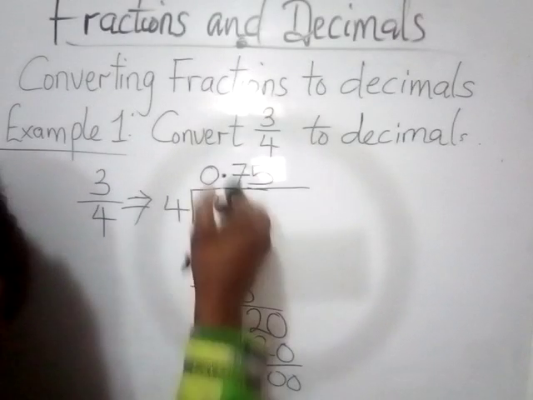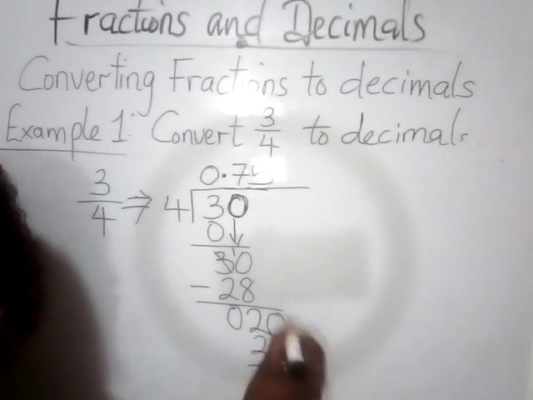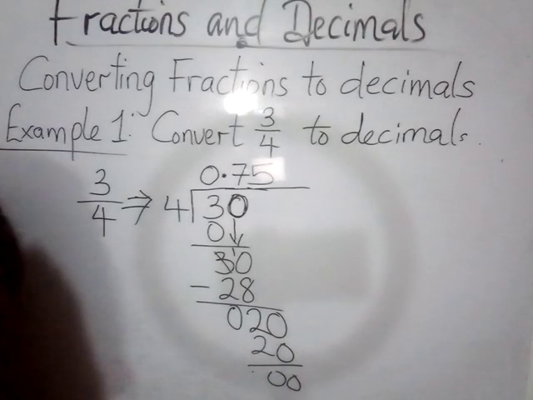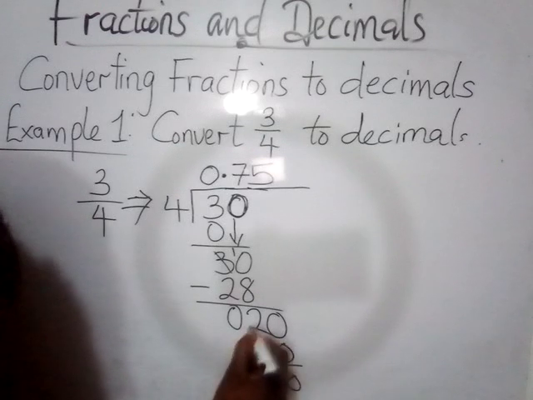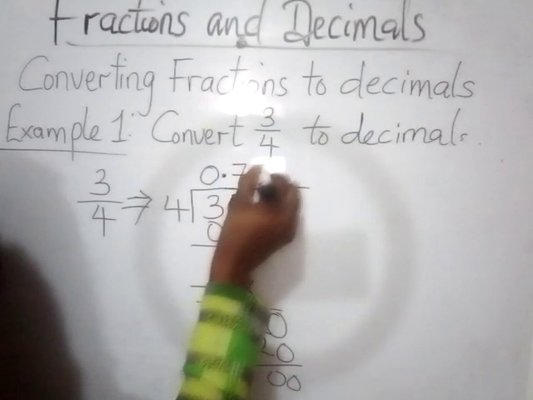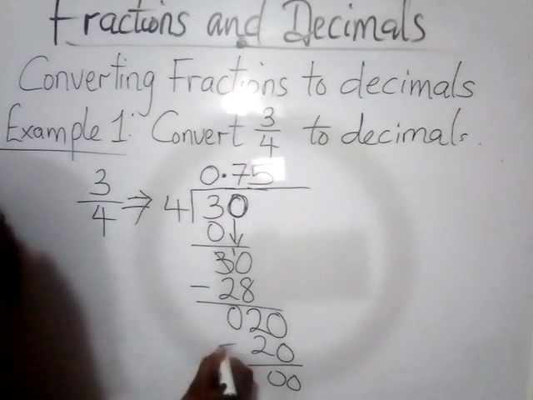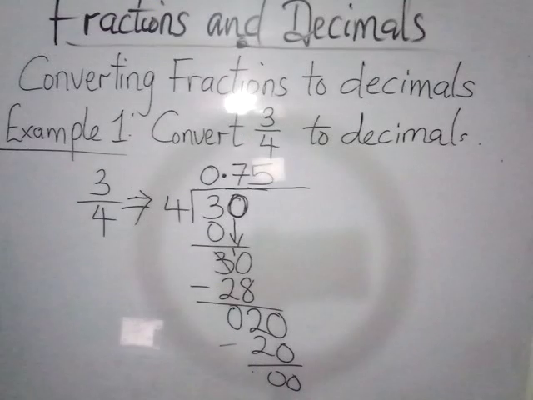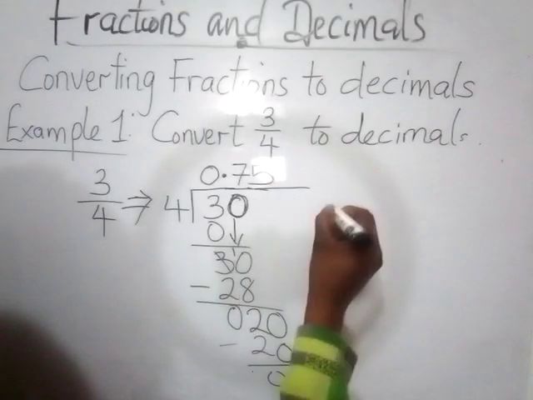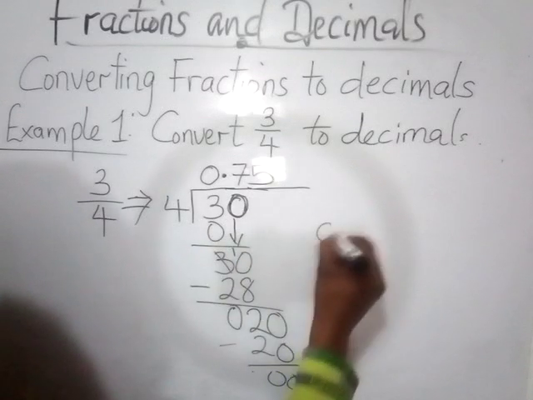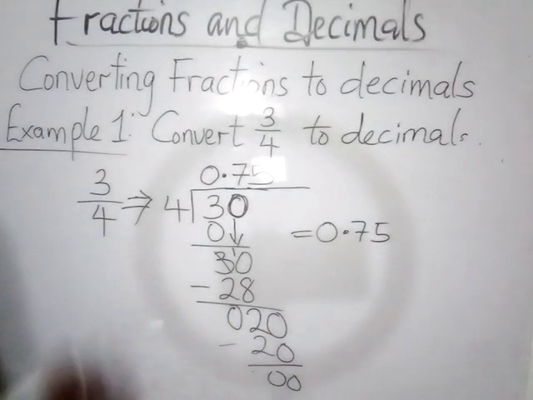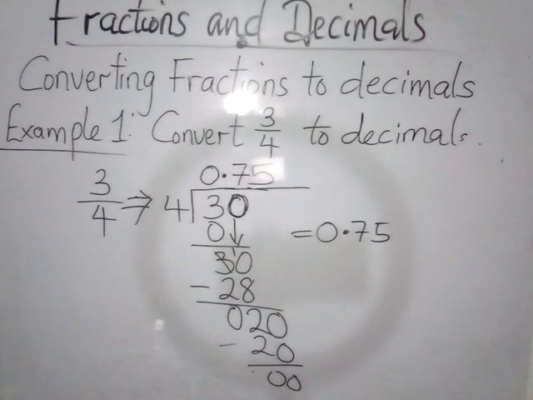It's already less than 1. So you might as well just add your 0 and continue your division. When we add 0 to this 2, we have 20. 20 divided by 4 gives you 5. 5 times 4 is 20. Then when you subtract, you have 0. There is nothing left to divide. So our answer is 0.75. That is what 3/4 is in decimal form.